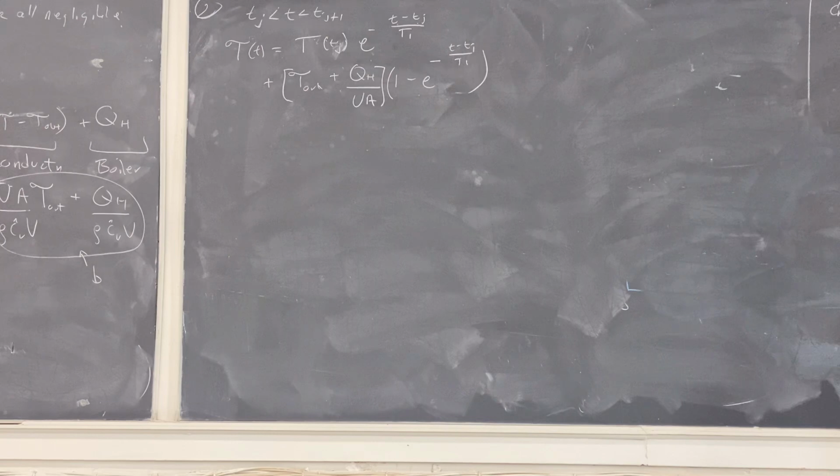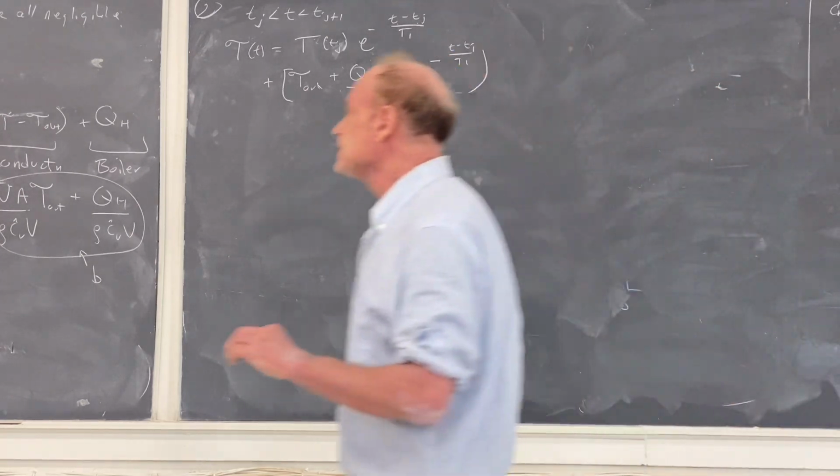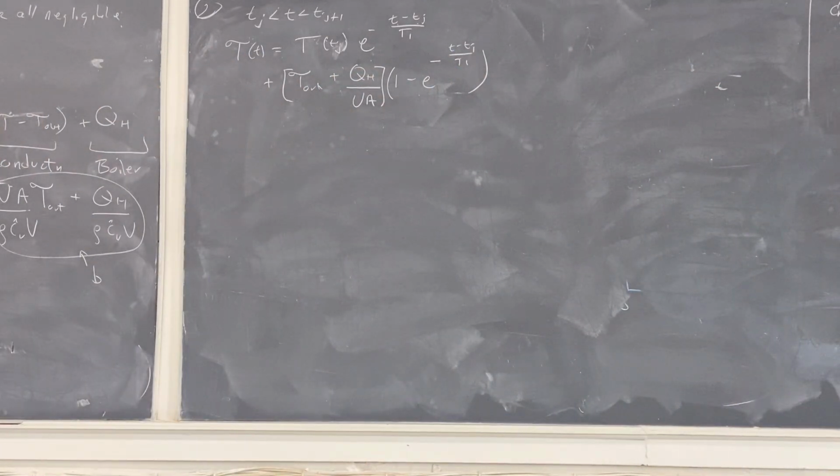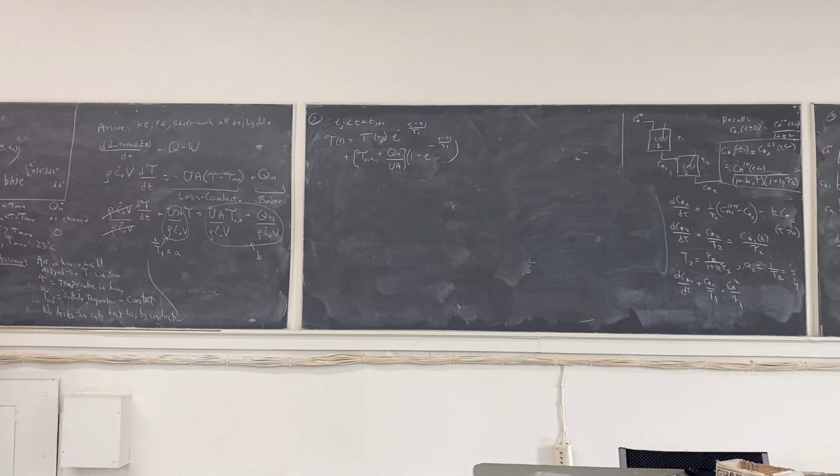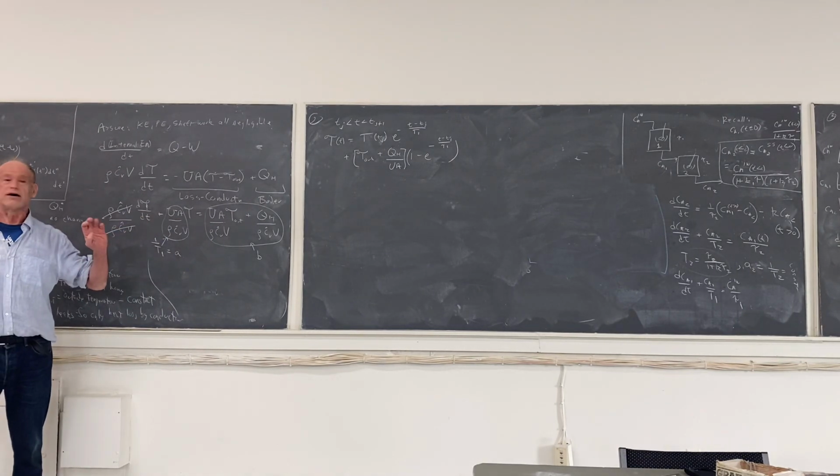Okay, so the first thing to notice is let's look at our time constant. The time constant is how quickly the system responds. Here's the physics. Look at the parameters it has: rho, V, CV. These are all characteristics of the house. And UA, which is also a characteristic of the house.